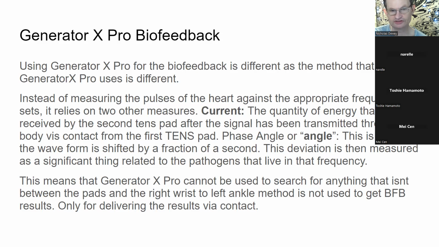One of them is current, the quantity of energy that is received by the second TENS pad, and the other is angle or phase angle, which shows you how out of whack the frequency is when it reaches the second TENS pad. Both of these are significant indicators of there being some toxic pathogenic stuff going on inside you, and then you will get the numbers returned to you as a result of the biofeedback itself. Does that make sense?